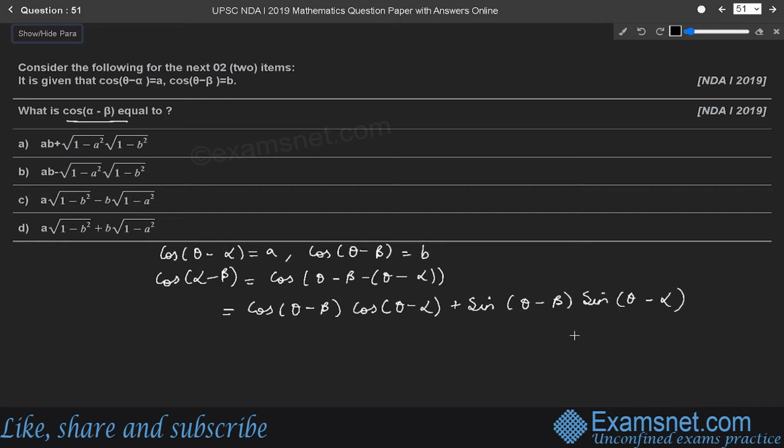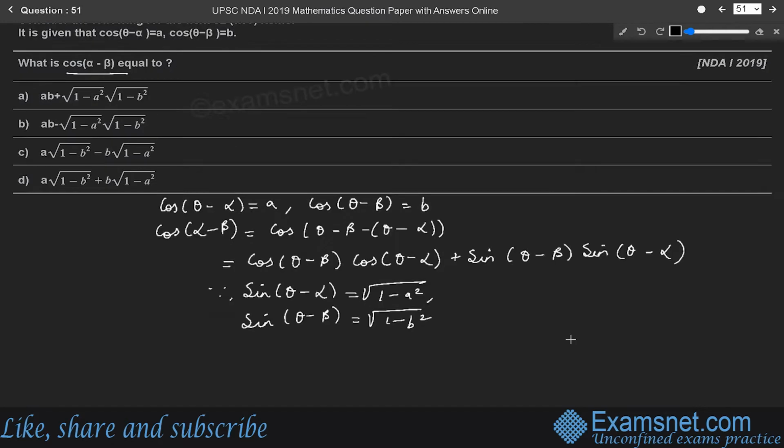We know that sin(θ − α) is equal to under root of 1 − a², and sin(θ − β) is equal to under root of 1 − b².